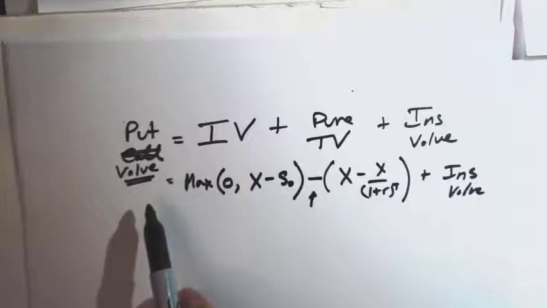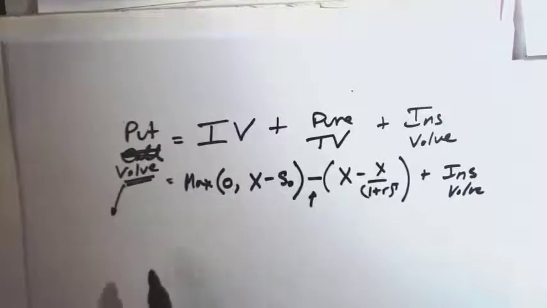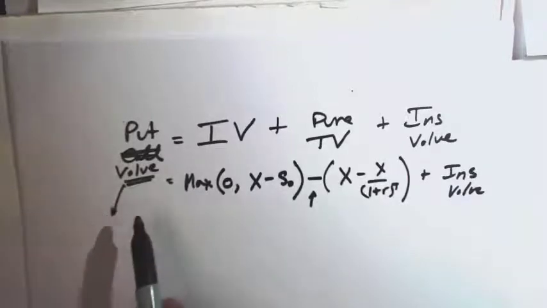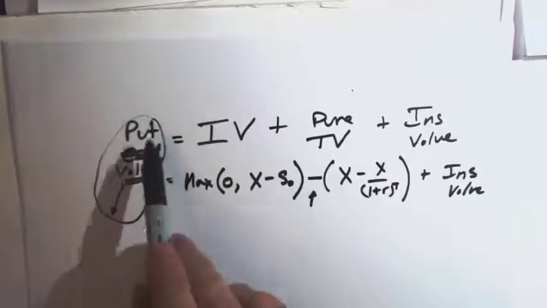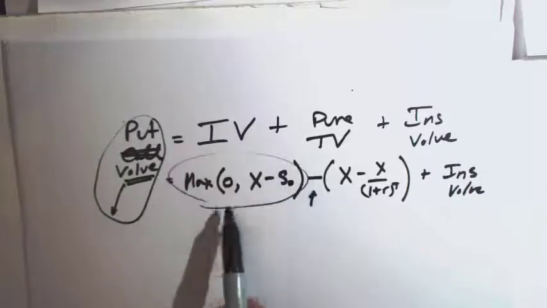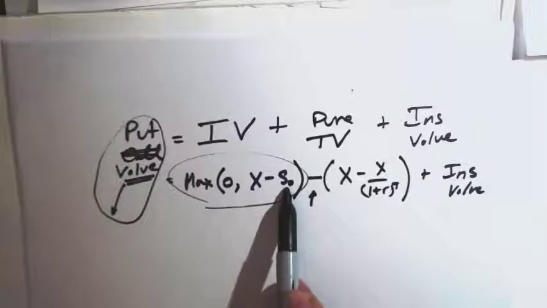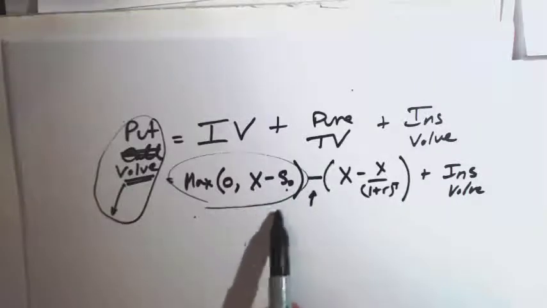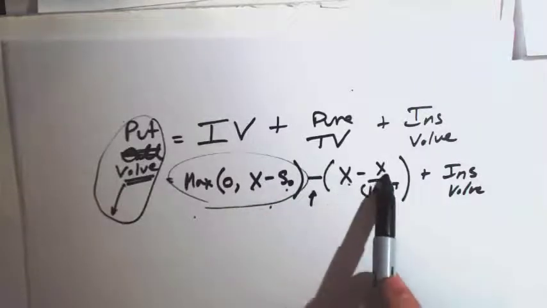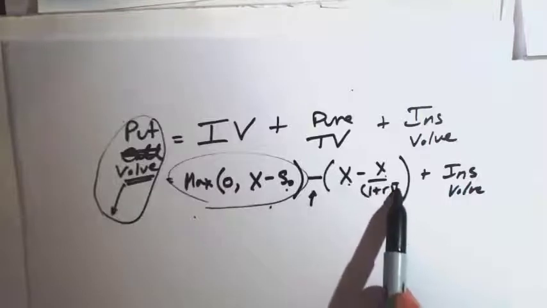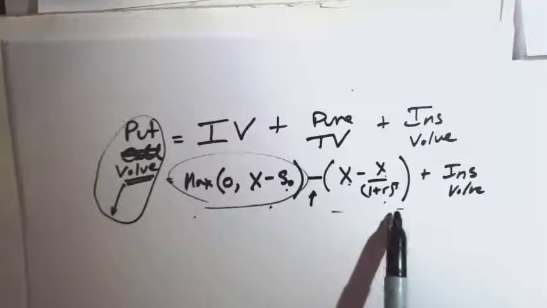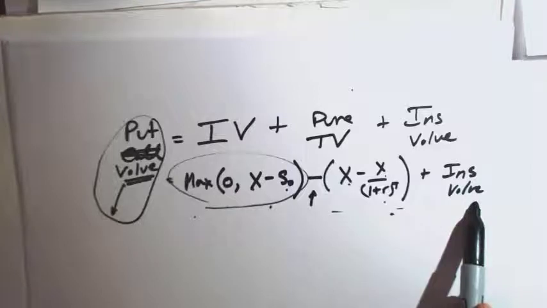If we wanted to get a put value, say we went to the CBOE and we got a put price, that would be this number right here. And then we could easily, because we know the put is associated with a strike, and we know what the underlying is, figure out what the intrinsic value is. We can figure out, based on interest rates and time to maturity of the option, what the pure time value is, and whatever's left over is the insurance or speculative value.